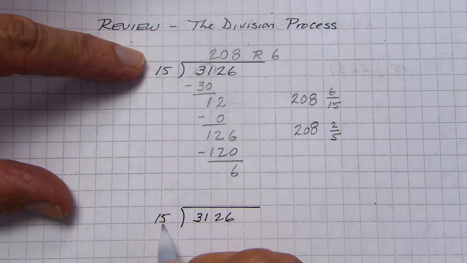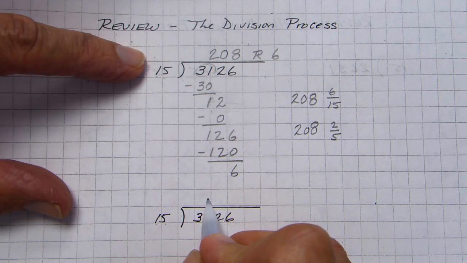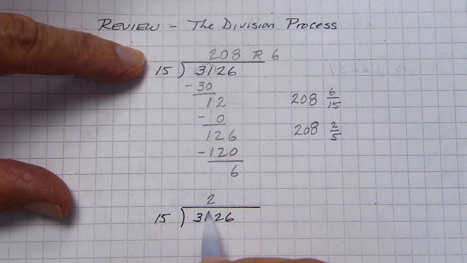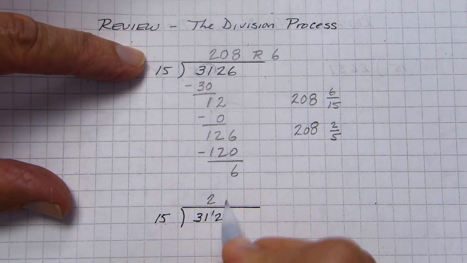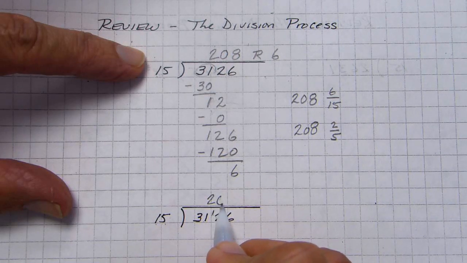The way it works, in case you don't recall: 15 goes into 30 twice, and you're thinking, well, 2 times 15 is 30. 31 take away 30 leaves me with a 1, so I put my remainder here. And now 15 does not go into 12, so I put 0.